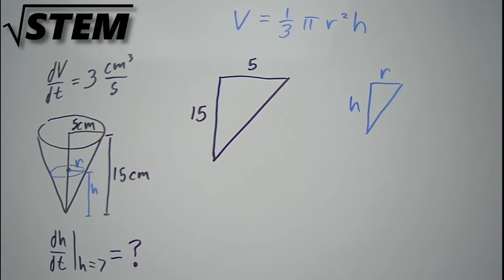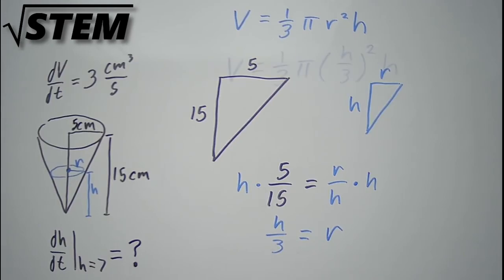Because these are similar triangles, the ratio of those two side lengths should be the same for both triangles. That is, 5 over 15 is equal to r over h. If we multiply this by h on both sides, we'll find that r equals h over 3.